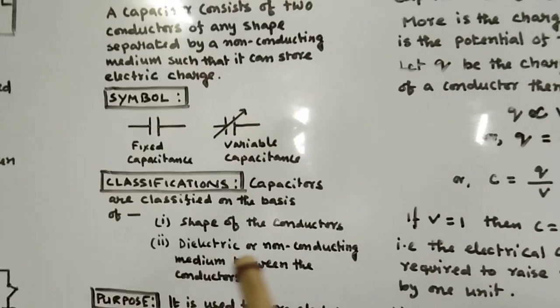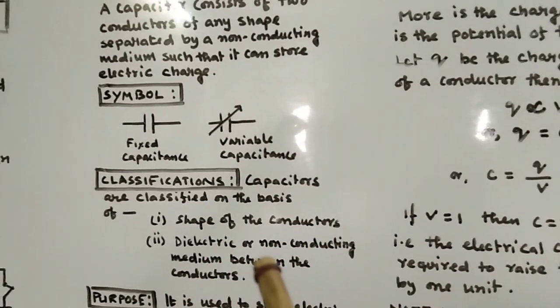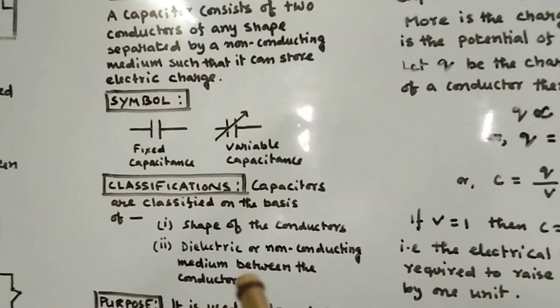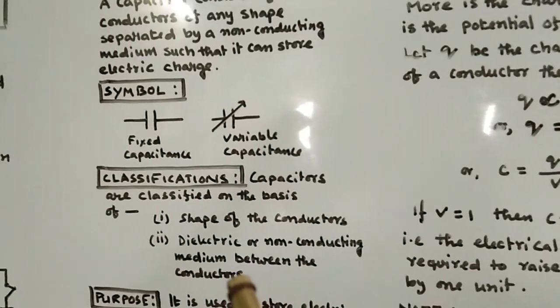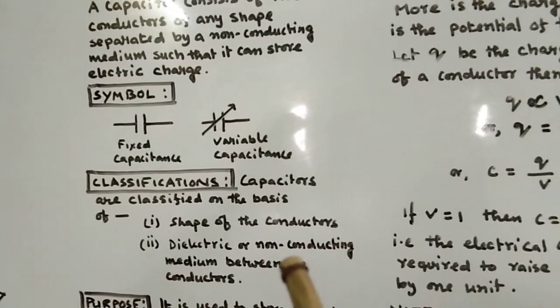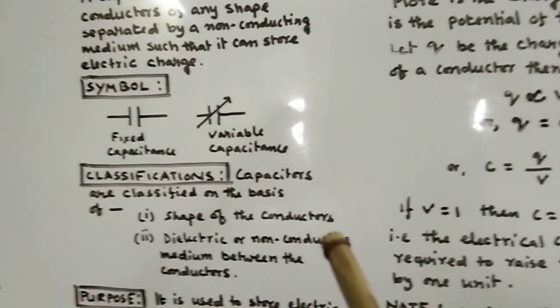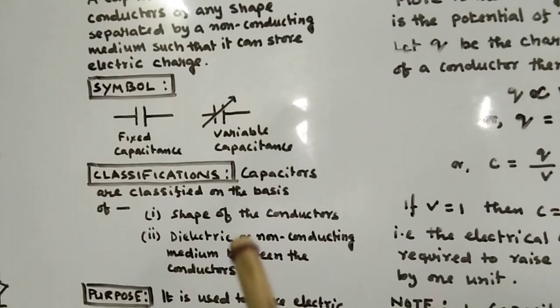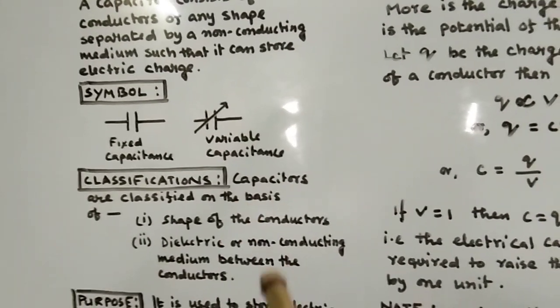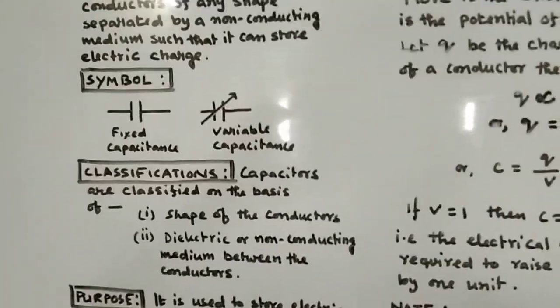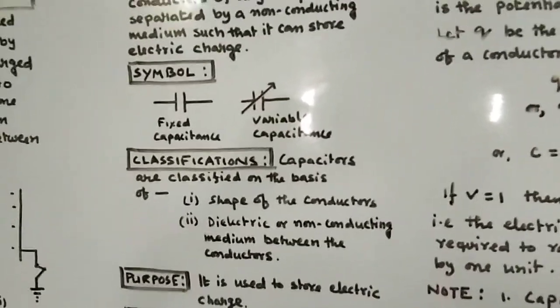Based on the dielectric or non-conducting medium between the conductors, sometimes it is a paper capacitor, sometimes a capacitor with some kind of gas, and sometimes a capacitor with air. So you can classify based on the shape of the conductor as well as the medium between the two conductors.